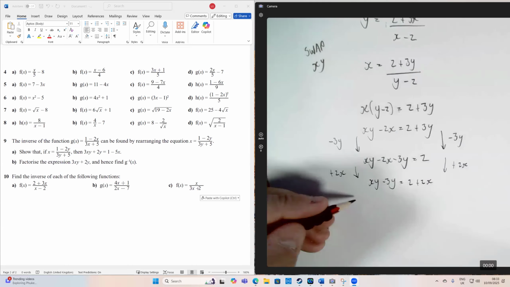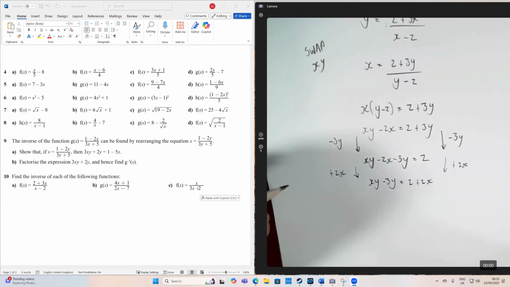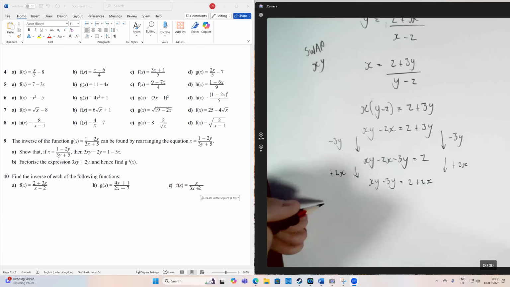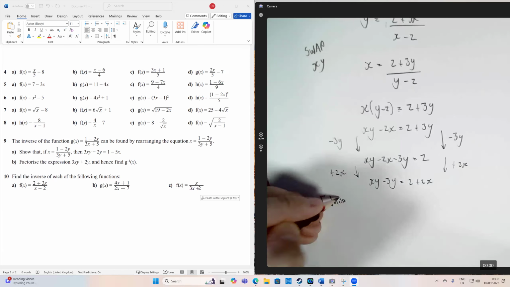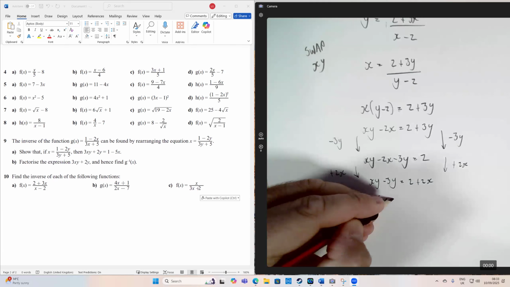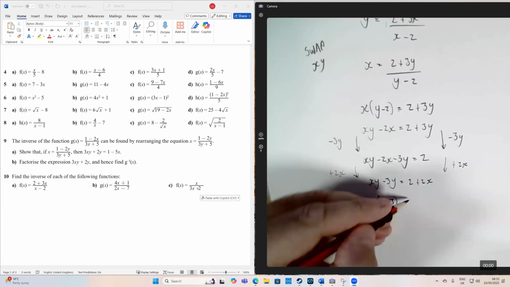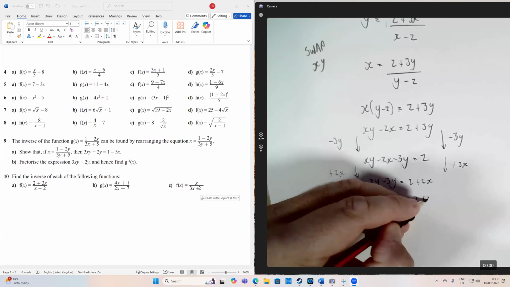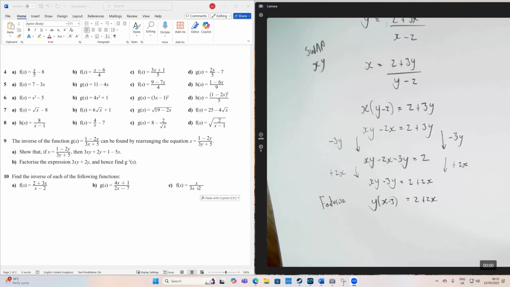Now this is the step that students often really stumble and struggle with. The step we've got to do now is we need to factorize. So we need to factorize this left-hand side and write it as y, open bracket, x minus 3. That's a really important step in this particular approach.